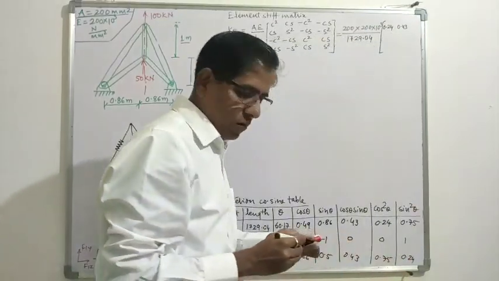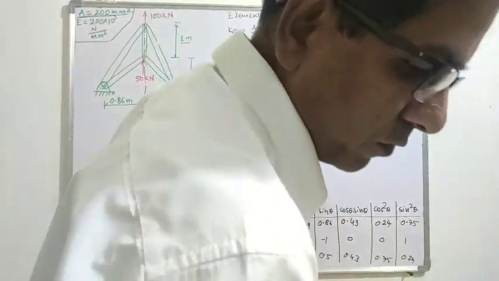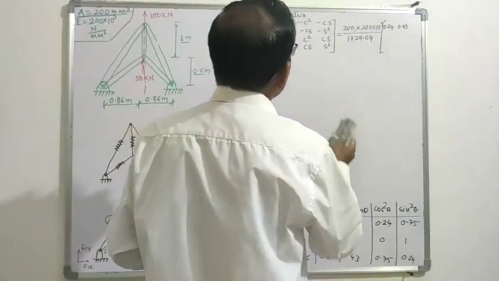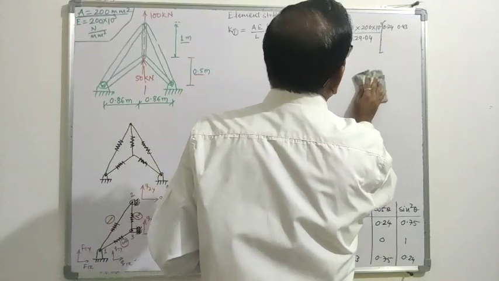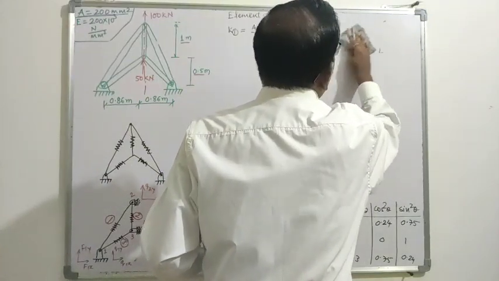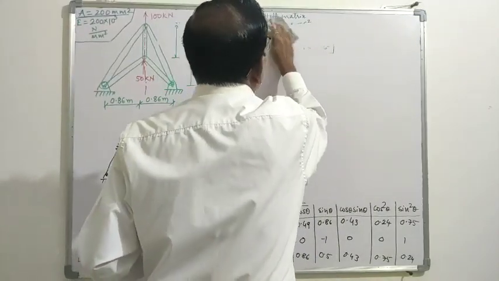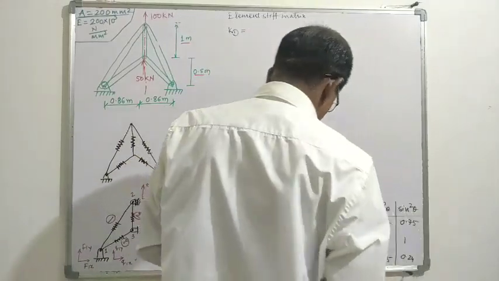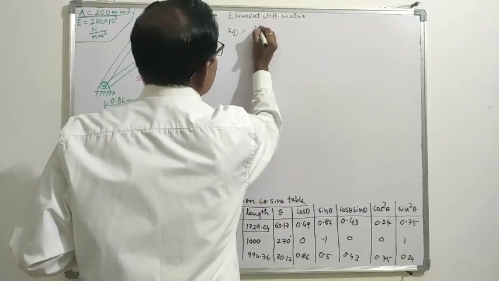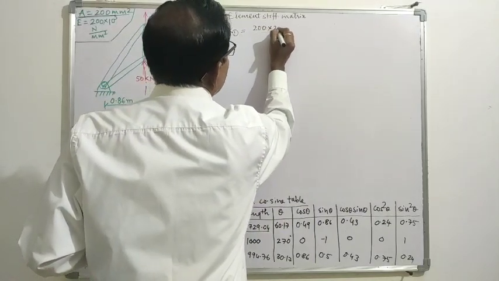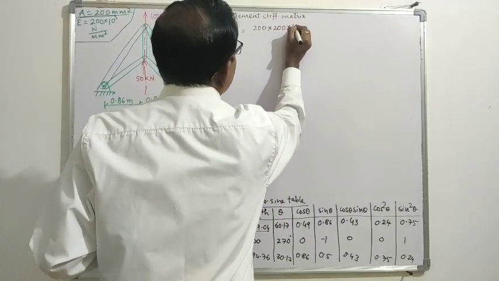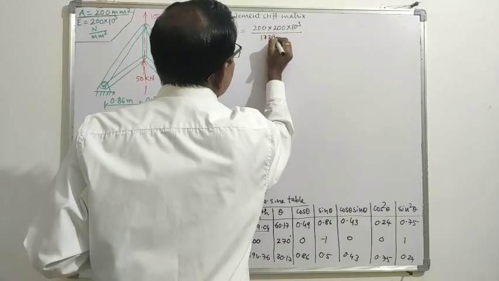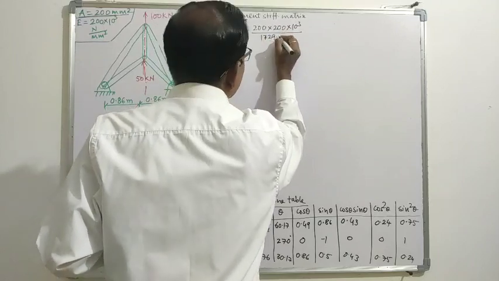Okay, I'll write down here. So area is 200, E is 200 into 10 to the power 3, L value is 1729.04.